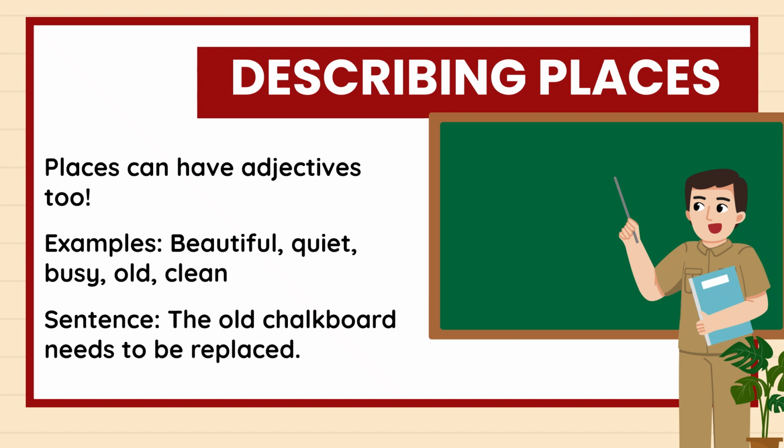Very good. The word old. Can you think of adjectives to describe your classroom? Wow, I heard someone say clean and another said bright. Great job! That's correct. Our classroom is clean and bright.